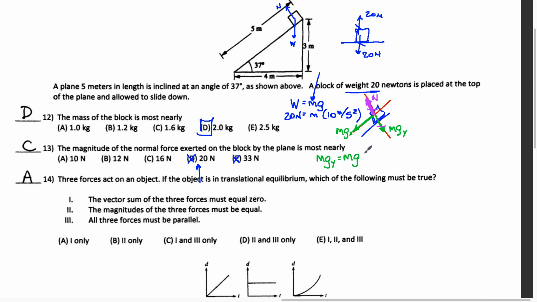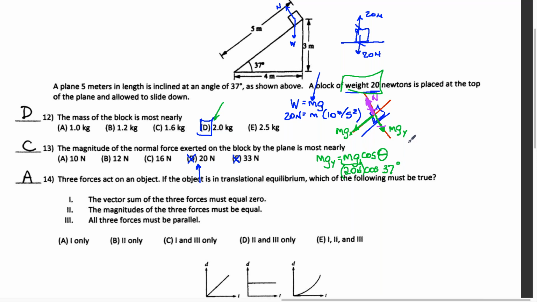Normally for the y component, we'd use sine theta, but because we're on an inclined plane and the weight vector references the y-axis, we flip-flop our trig, and we get mg cosine theta. M times g in the problem is given to us. It's 20 newtons. So I can either take the 2 again from this problem and multiply it by 10, or just replace m and g with 20 newtons, and then multiply it by the cosine of 37 degrees.